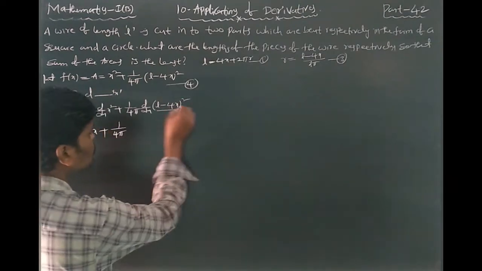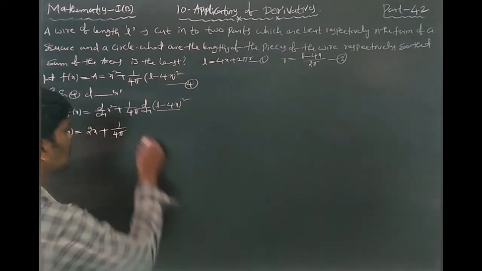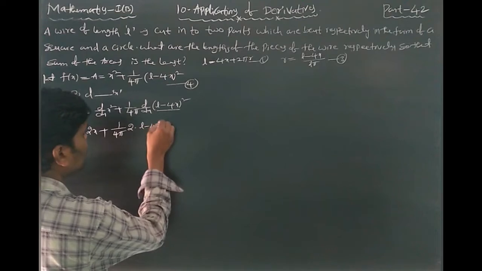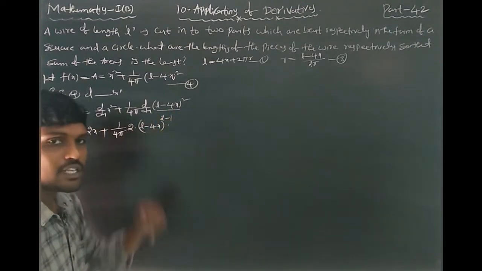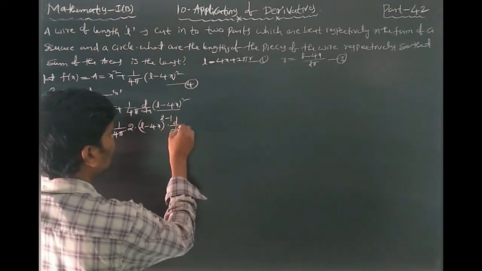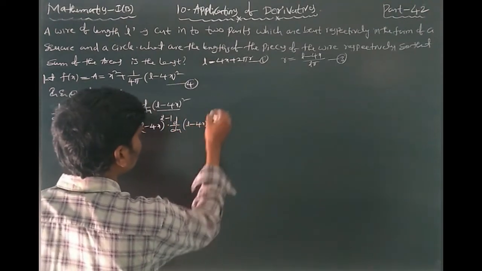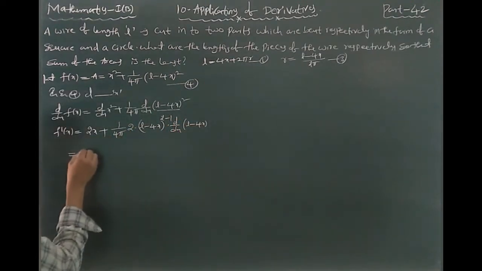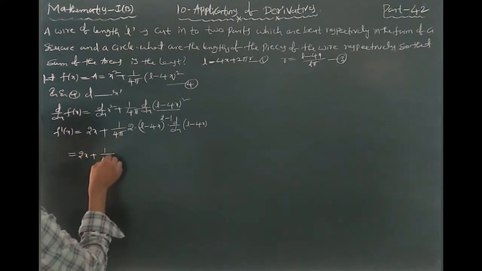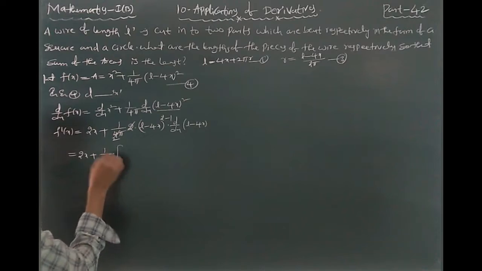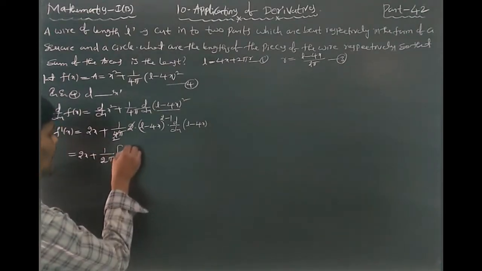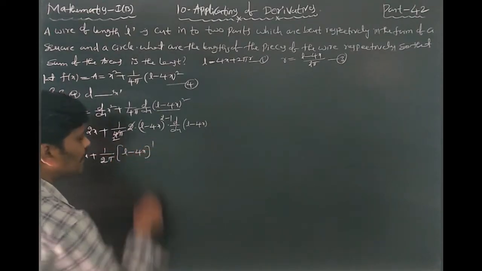What is the value of u? u is L minus 4x, n value is 2, n into u power n minus 1, completed. Next, derivative of L minus 4x. After that, 2x plus 1 by 4 pi into 2; the twos get cancelled, 1 by 2 pi into (L minus 4x) whole power 2 minus 1.